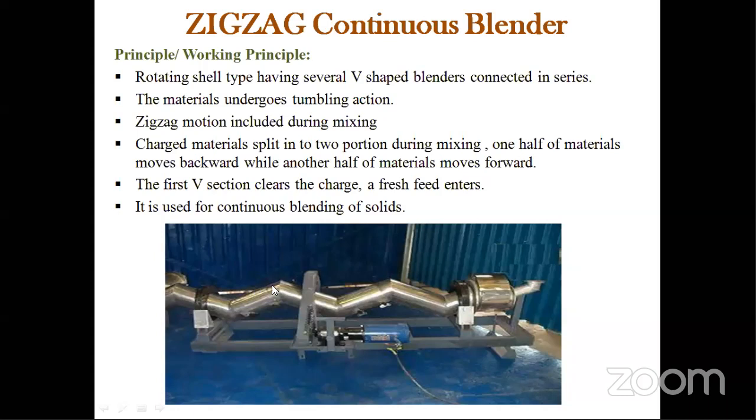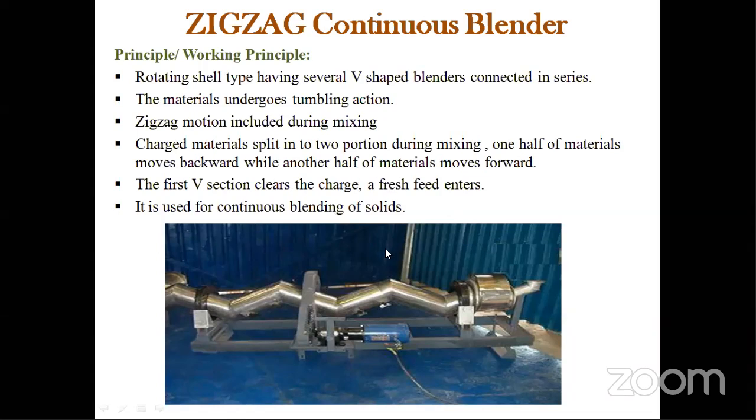This is the peak, this is the V shape, and before it half of the proportion is there, and next to it the other half is there, and during mixing they mix with each other. So these V sections clear the charge and help fresh material enter into the other material in the V-shape. So it is used for continuous blending of solids.